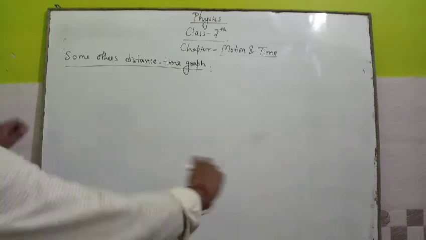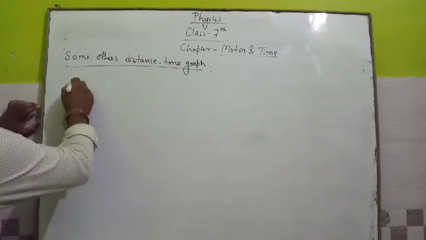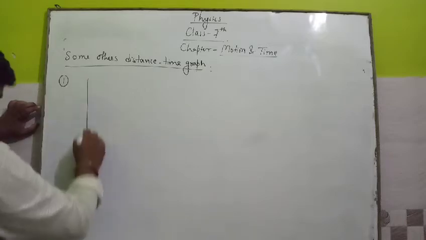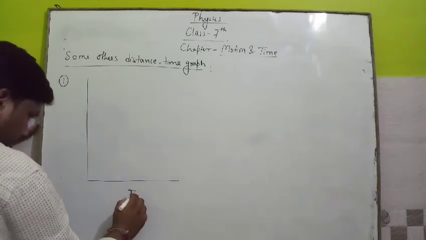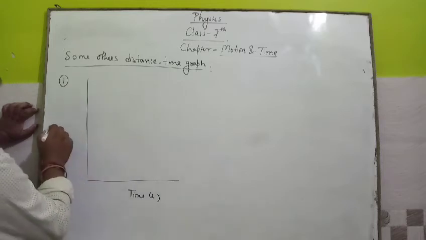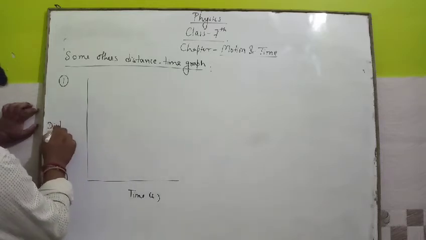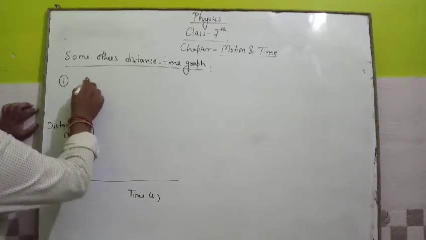See, there are two types of graph. First graph: this axis represents time in seconds and this represents distance in meters.